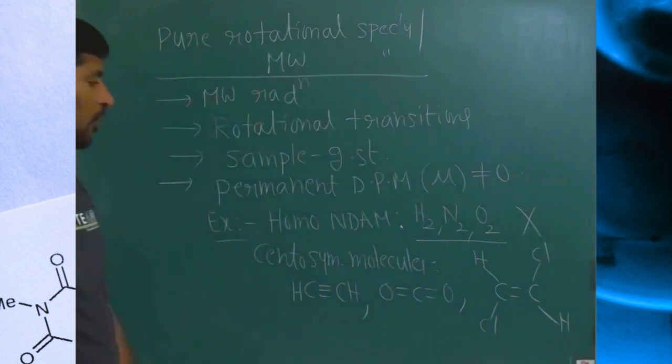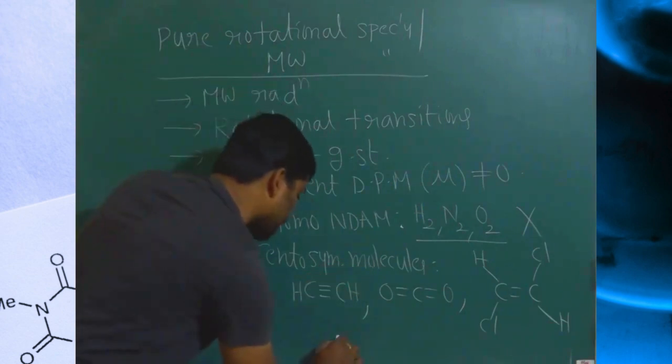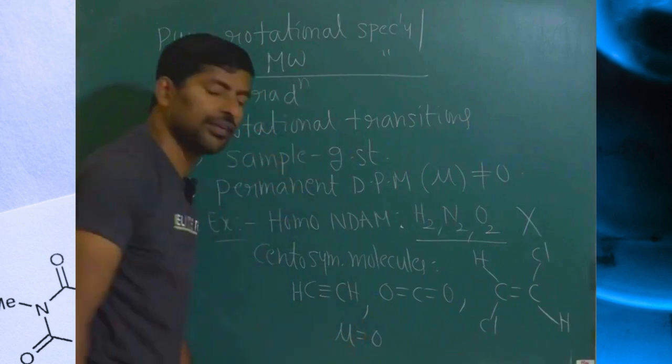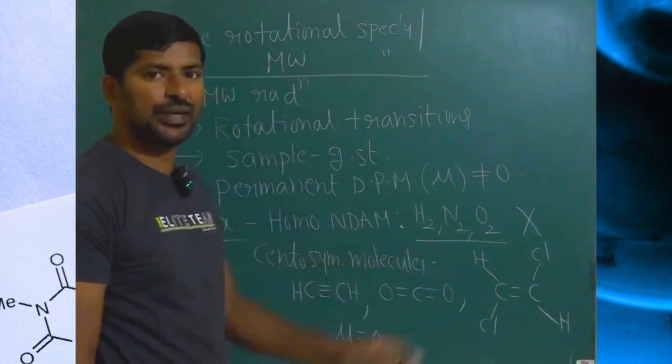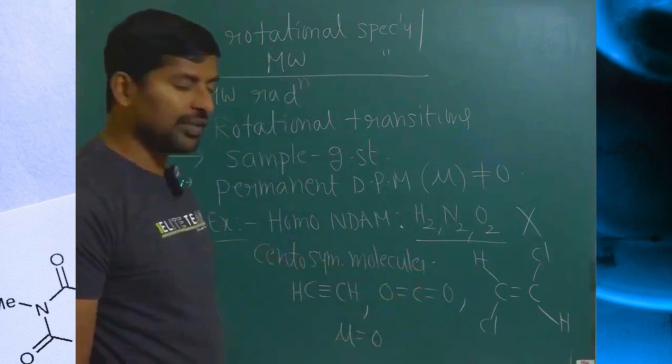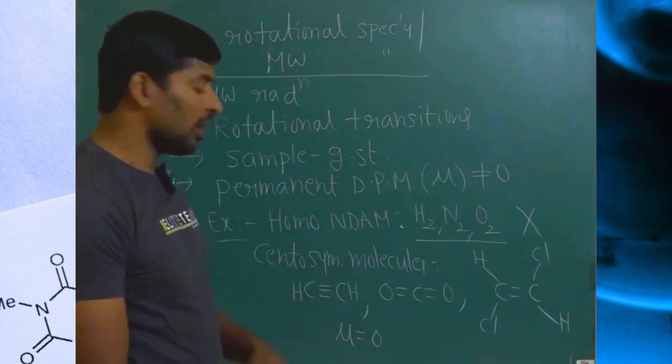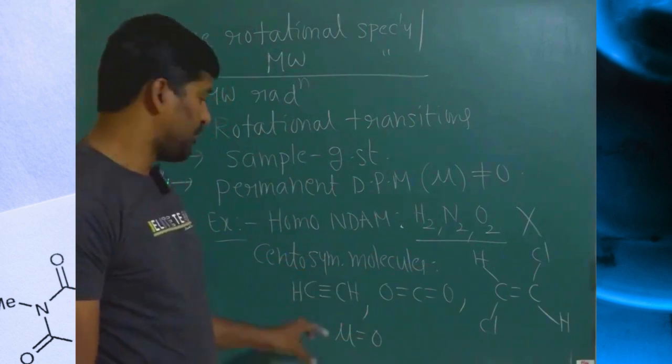What about the net dipole moment for all these molecules? Net dipole moment is 0. All these are centrosymmetric molecules, all possess a center of inversion. So for all these, the net dipole moment is 0.